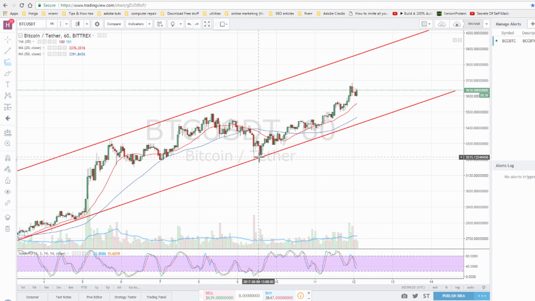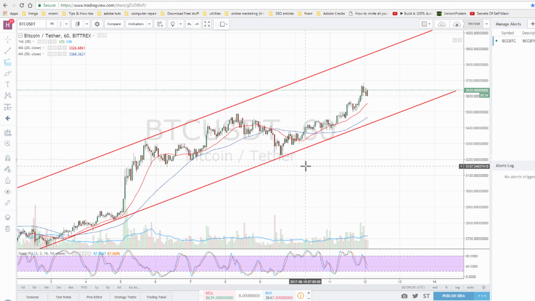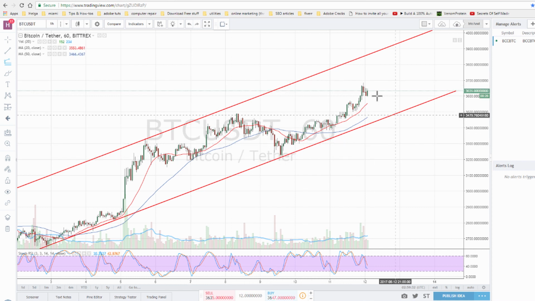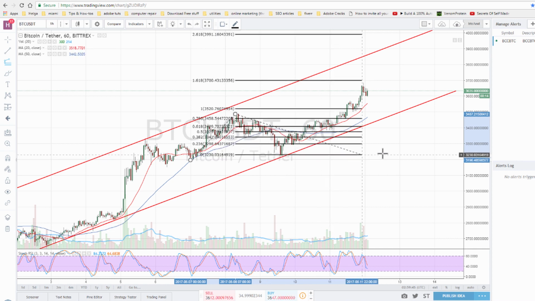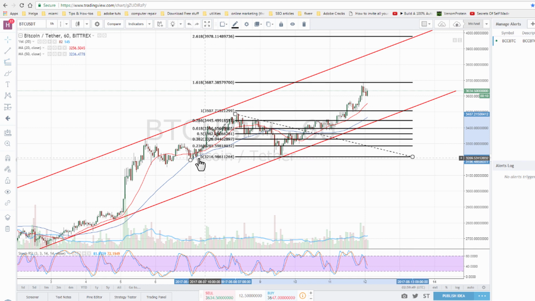To try and guess how high this is going to go, we use the Fibonacci extension tool on the previous wave, because this current wave hasn't finished yet, right? So we need to use it on the previous wave from point A to point B to point C. Point C is down here. I'm just going to extend it so that we can see the lines into the future.